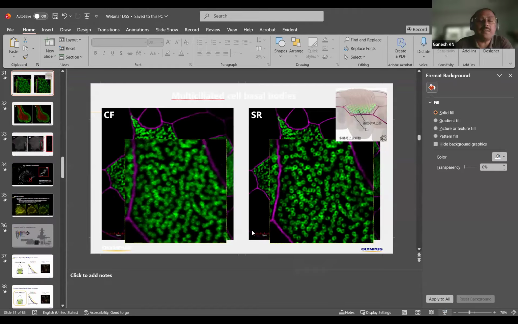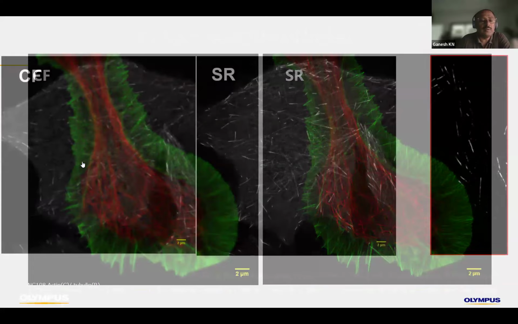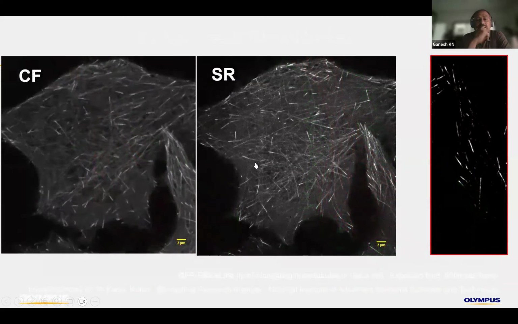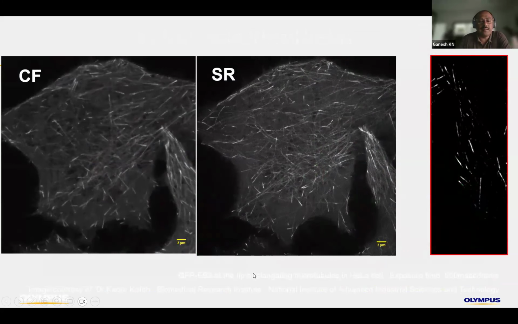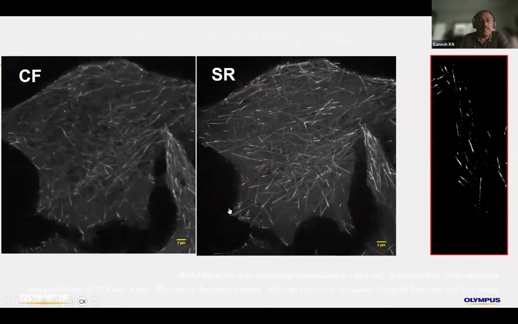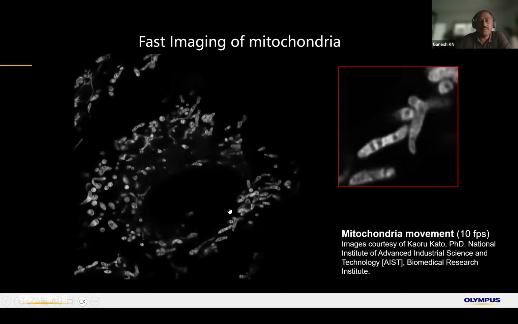Okay, see, these are some examples where one can do live imaging also. See here, super resolution with live microtubule extensions. This is the live mitochondria image.